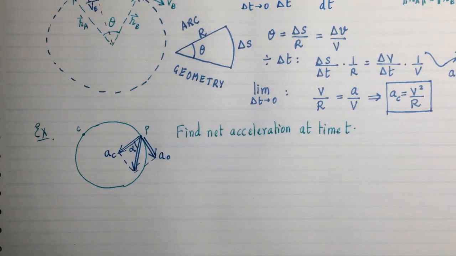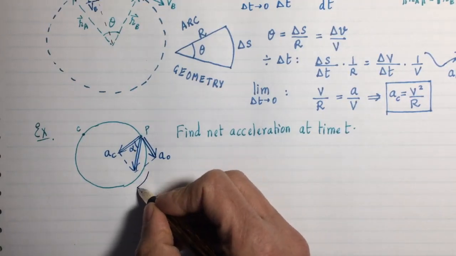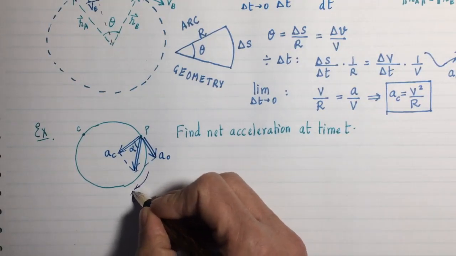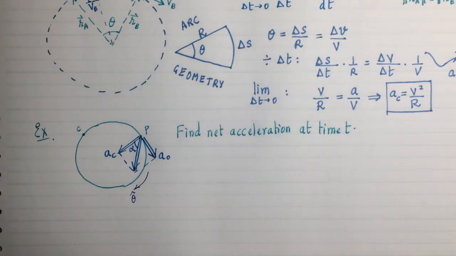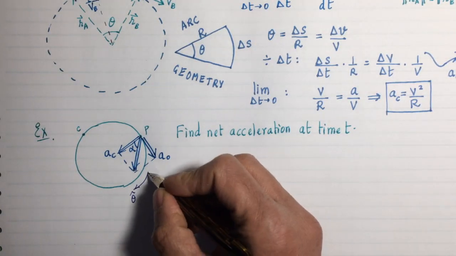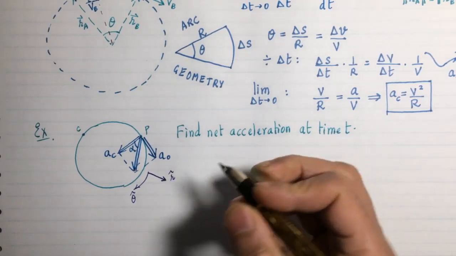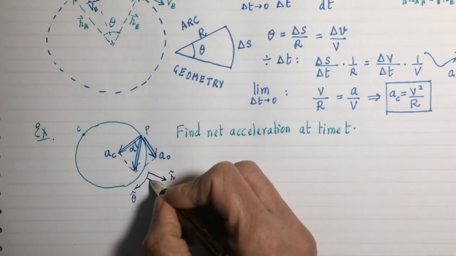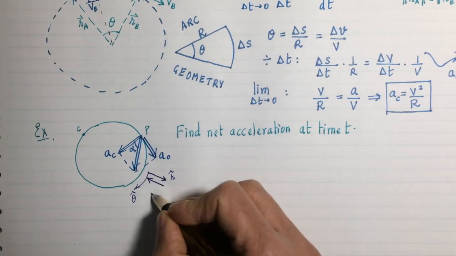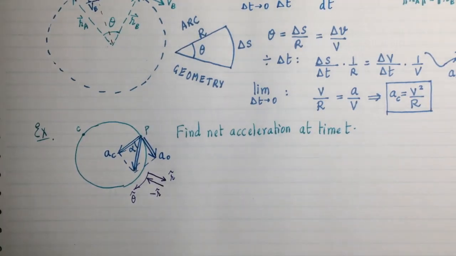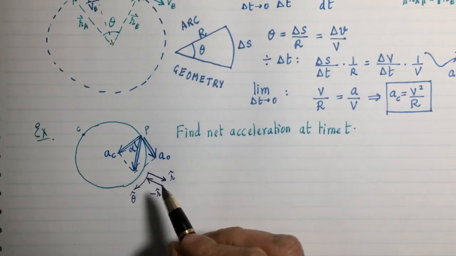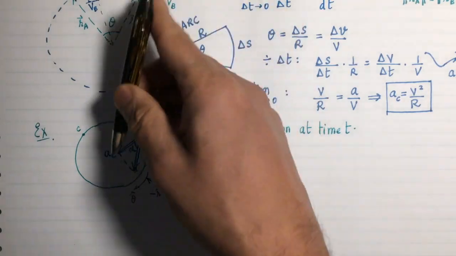All right. So in a circular motion, there are two coordinates that are pretty important to talk about. One is a theta coordinate that tracks the tangential direction, and the other is the radially outward coordinate r hat, and its close cousin, the radially inward coordinate negative r hat. You can observe that the centripetal acceleration is always pointing in the negative r hat direction.